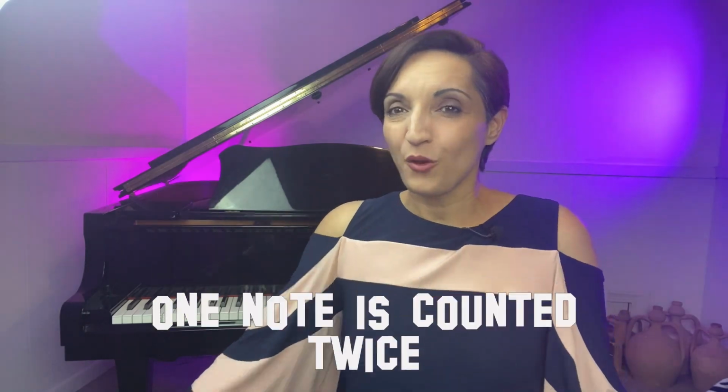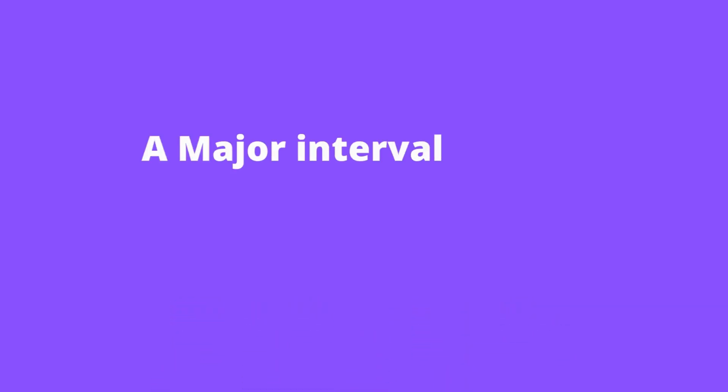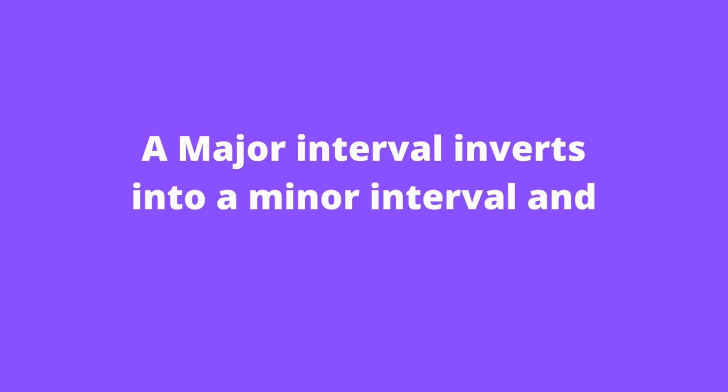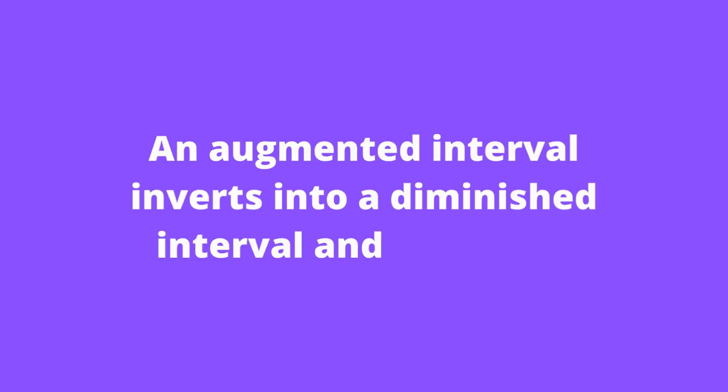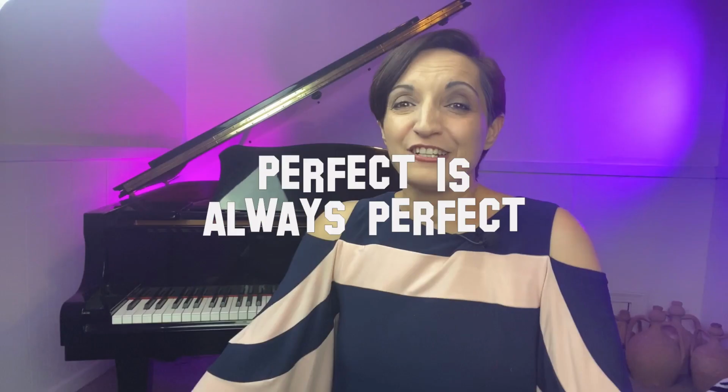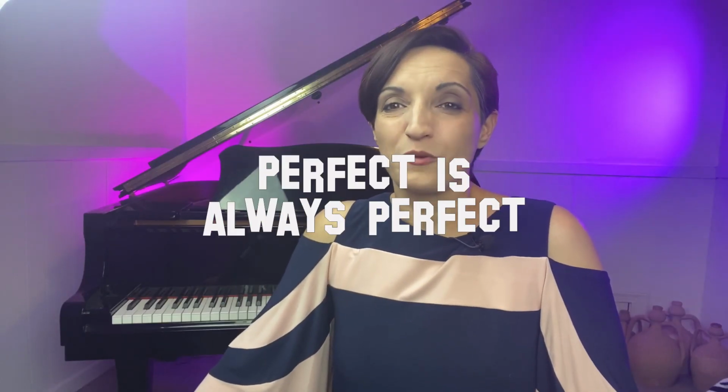This is because the two intervals add up to an octave, 8, and one of the notes is counted twice. So a major interval inverts into a minor and vice versa. Likewise, an augmented interval is always diminished in its inversion and vice versa. A perfect interval's inversion is always perfect.